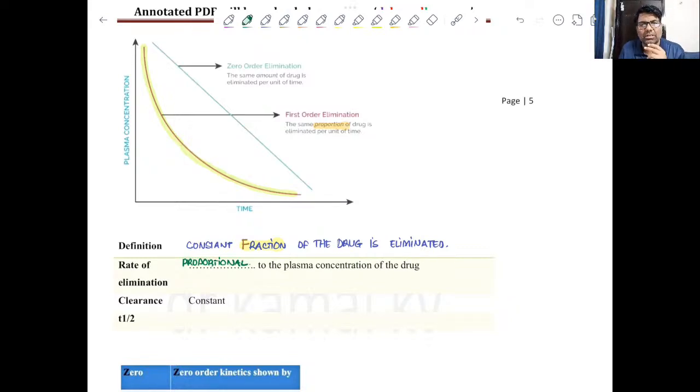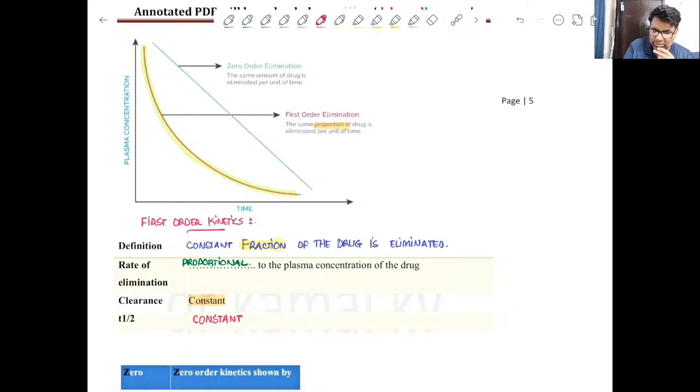As a result of this, clearance is constant, and also the plasma half-life is constant, right? So this is all about first order kinetics.